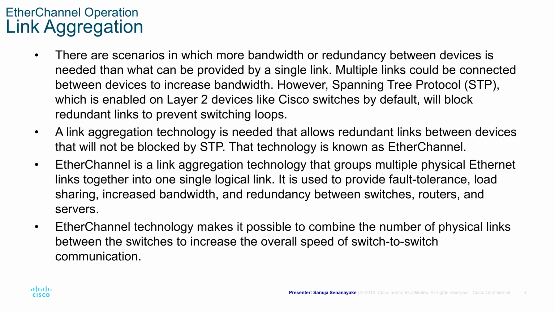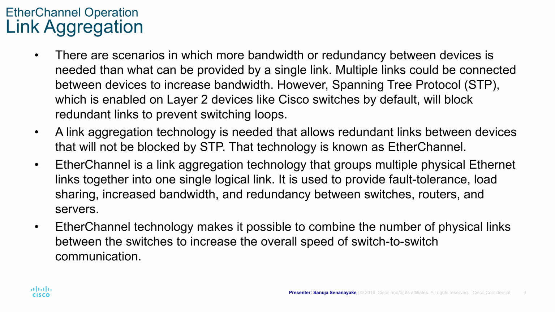However, as we learned in our previous lectures, STP, or Spanning Tree Protocol, enables layer 2 devices like Cisco switches to block redundant links to prevent switching loops. A link aggregation technology is needed that allows redundant links between devices that will not be blocked by the Spanning Tree Protocol. That technology is known as EtherChannel.